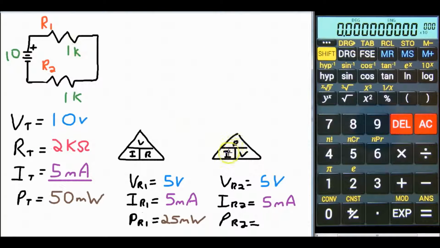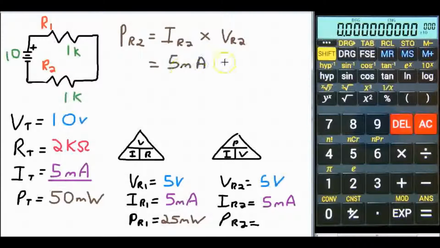PR2 is equal to IR2 times VR2. So we have PR2 equal to IR2 times VR2. Our current is 5 milliamps and our voltage is 5 volts.